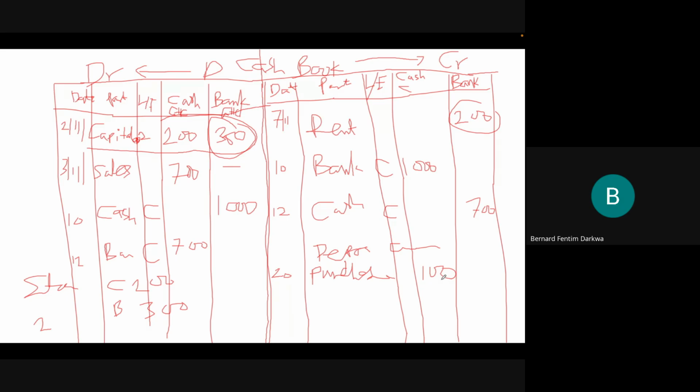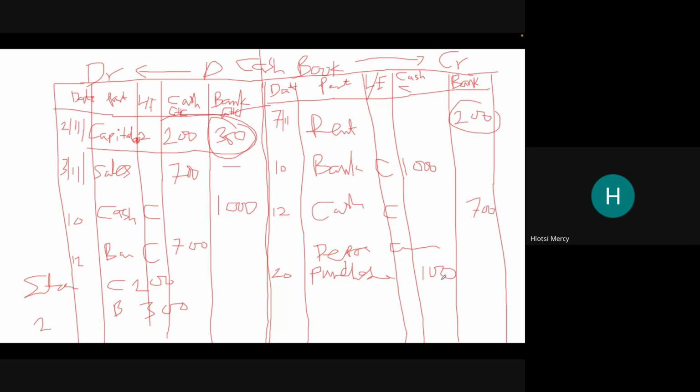When they say they bought a motor van or motor vehicle, when I'm preparing the cash book, because it is a two-column cash book, the question will specify that they bought a motor vehicle for 3,000 Ghana cedis by cheque or by cash. But when the question does not specify whether they bought it by cheque or cash, always take cash.